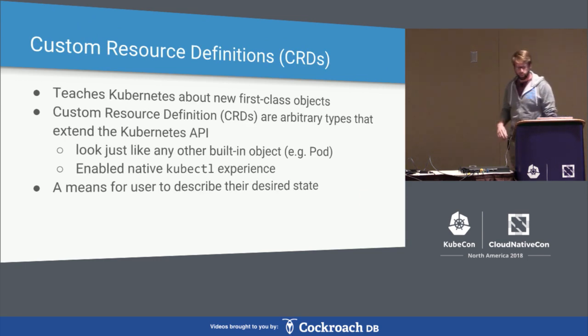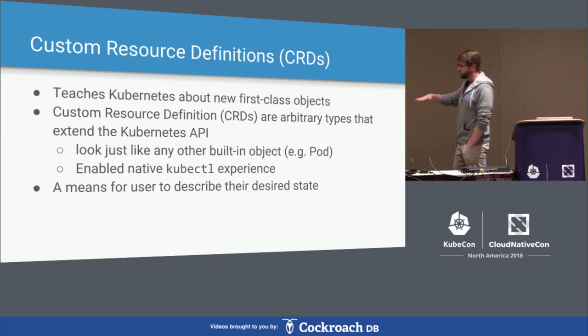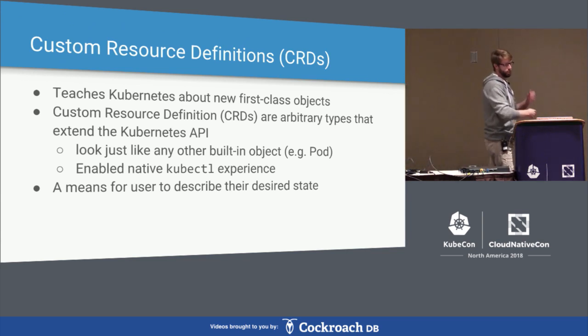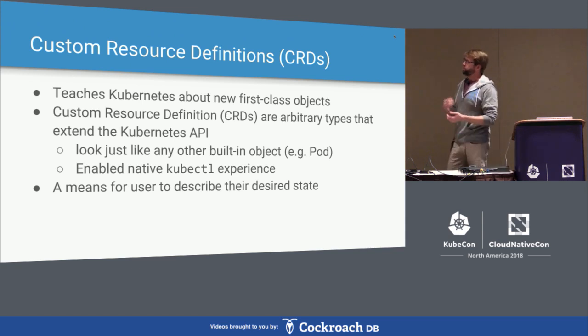All right, so let's talk about a few of the foundational knowledge that we need to start talking about how do you add a storage provider to Rook and what does that look like. So we talked through this in a couple of other talks, and CRD is becoming a pretty common expression now, so we won't spend too much time on it. But basically with a custom resource definition, you can teach Kubernetes about new types.